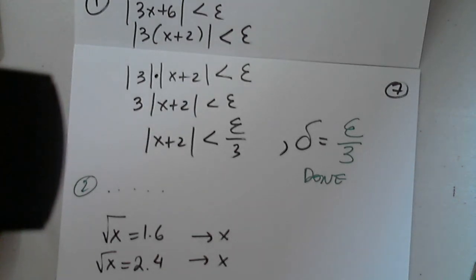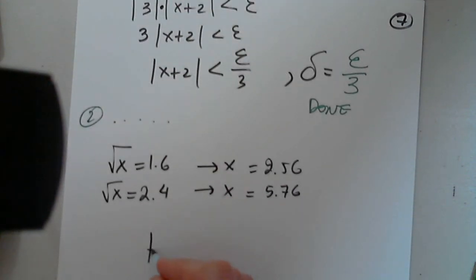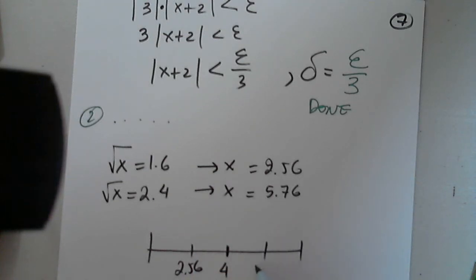The first one is 2.56. And the second one is 5.76. Good. So remember what we have. We have 4 in the middle. I have 2.56 here, and I have 5.76 here.